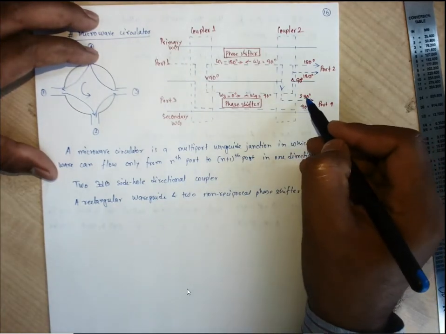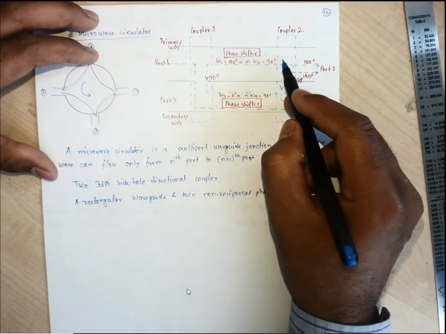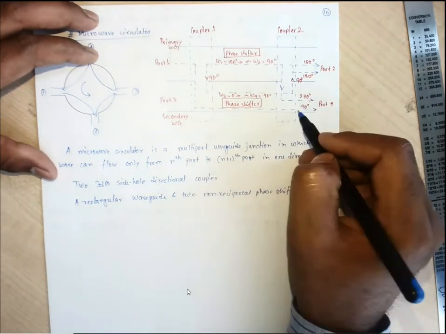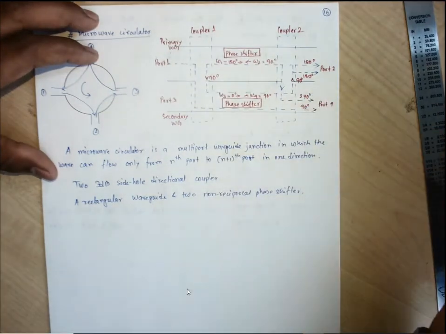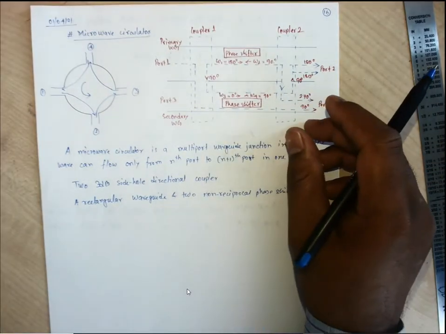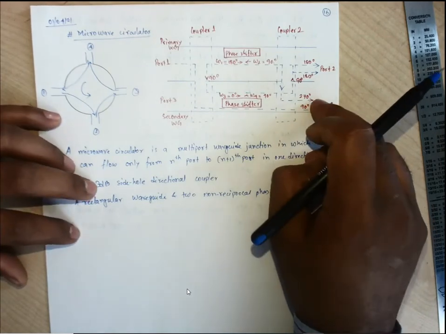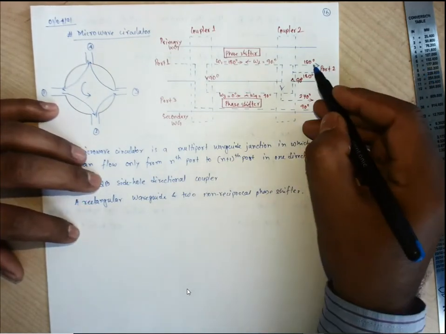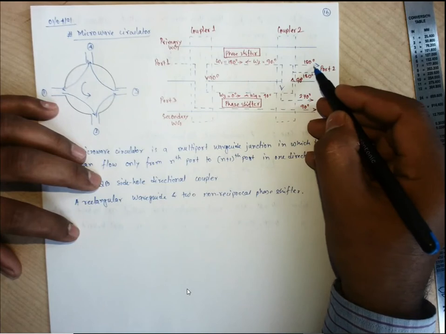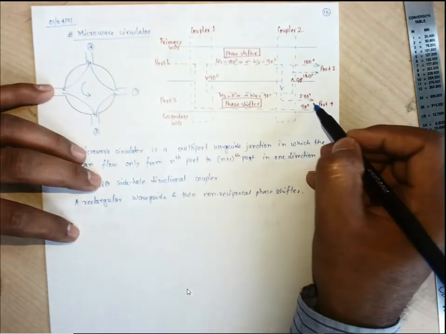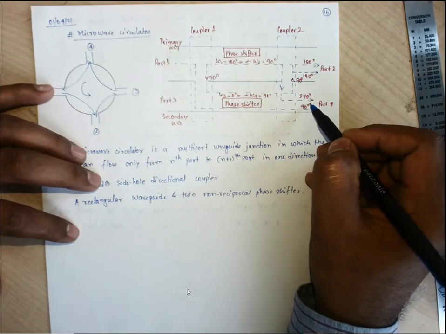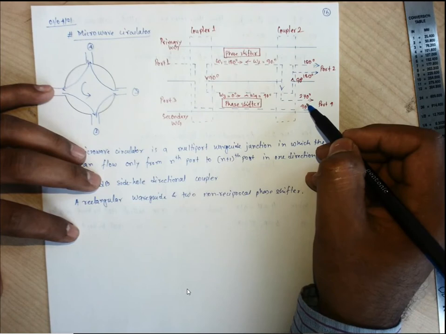So here 270 from this signal and here 90 degree from this signal. So what is the total phase shift? Total phase shift is 180 degree. So here 0 degree phase shift, here it is 180 degree. So compared to this input, the output at port 4 is 180 degree. So obviously the two signals will get cancelled, right?